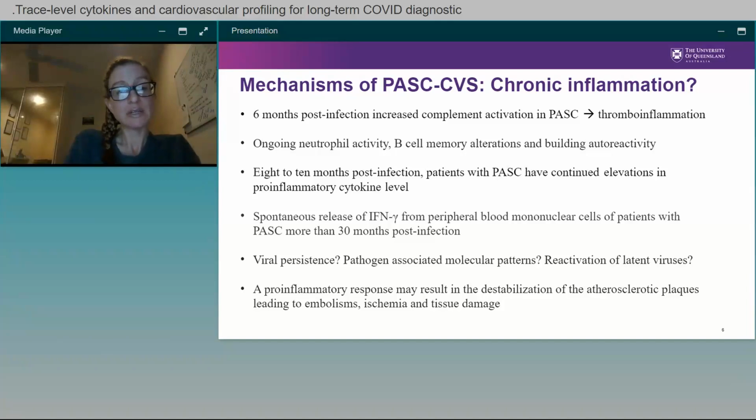The other option is that it's not necessarily the infectious virus that's sticking around, but rather components of the virus that activate the immune response as pathogen-associated molecular patterns. So these are things like persistence of viral RNA, persistence of viral protein, and this is probably much more supported than the persistence of infectious virus.